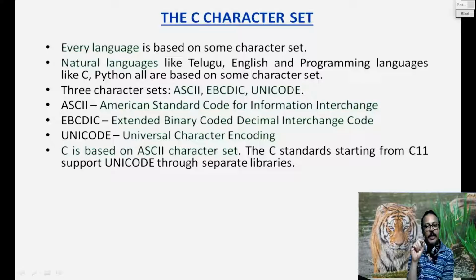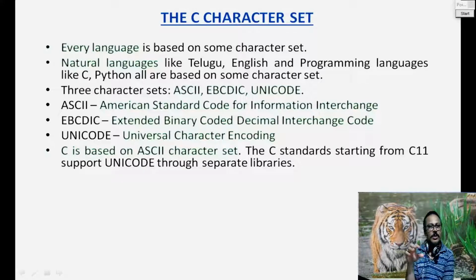ASCII is American Standard Code for Information Interchange. EBCDIC is Extended Binary Coded Decimal Interchange Code. Unicode is Universal Character Encoding. These are the three character sets.